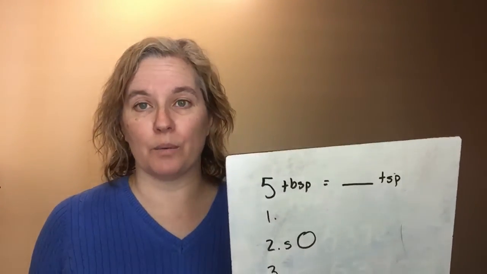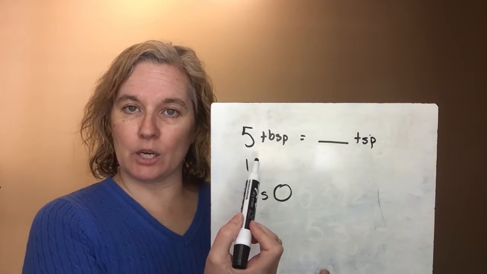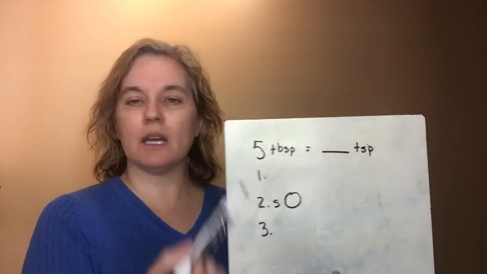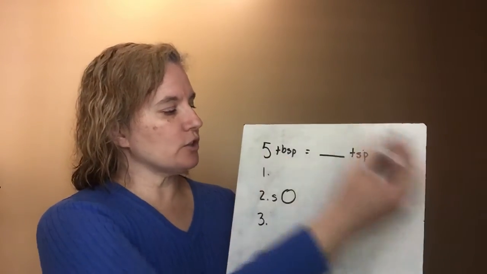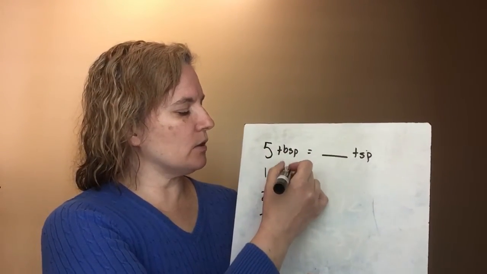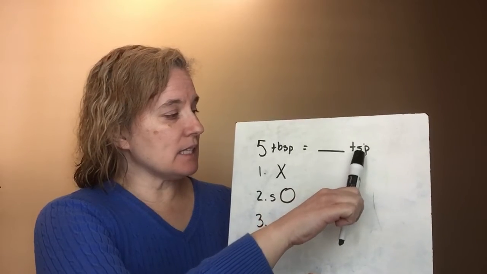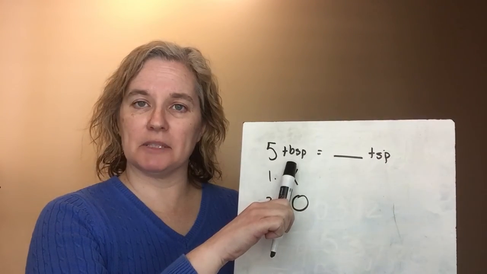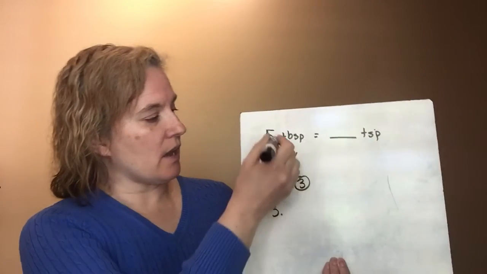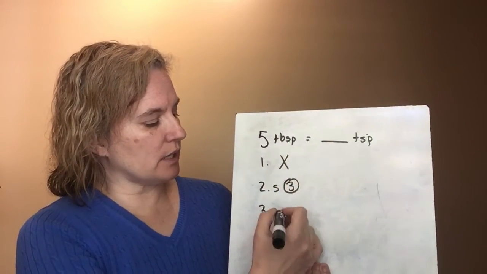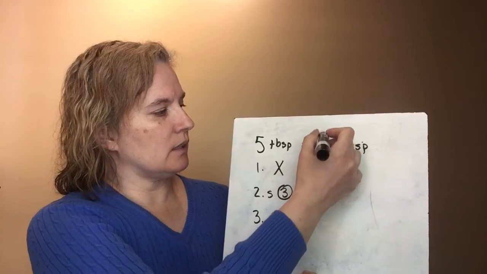So we know we're going from bigger to smaller. Anytime you go from bigger to smaller, your number is going to get larger. Larger to smaller means that you multiply. How many teaspoons did we just say goes into a tablespoon? 3, so our special number is 3. 5 times 3 equals 15.